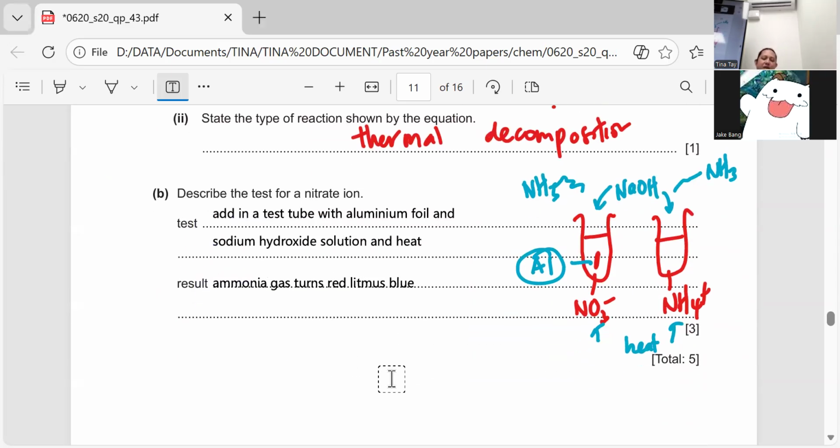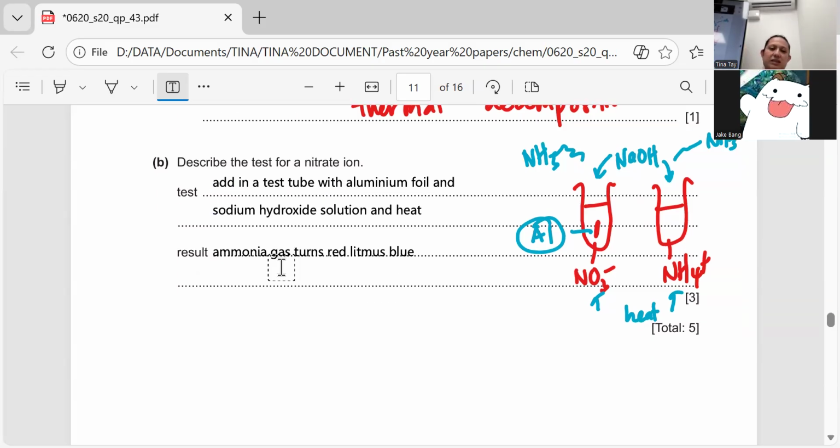Remember, these two are very, very similar. All right? Got it?